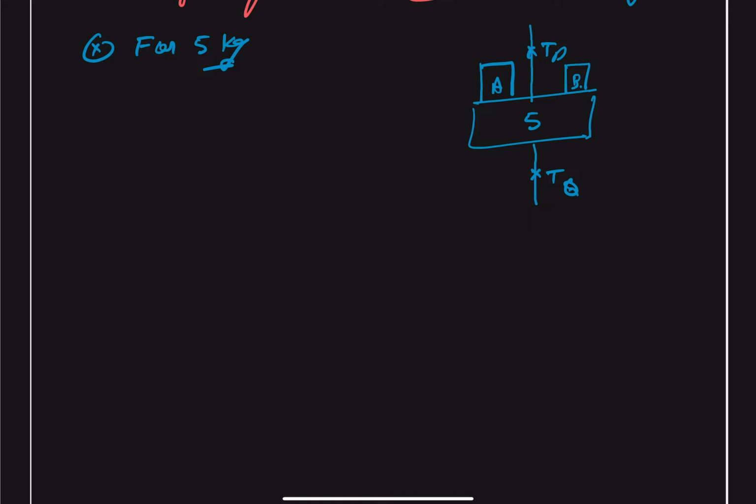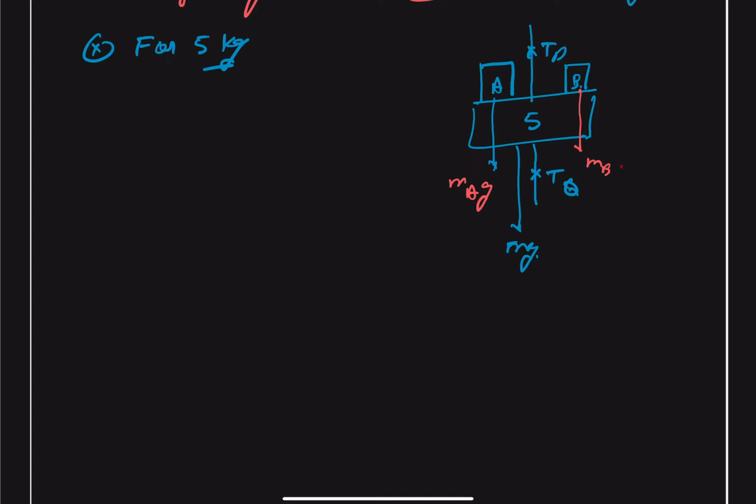So for 5 kg, now there will be additional forces acting in the downward direction. One will be this of 5 kg. In the downward direction we are going to have this mg, and because of A, also in the downward direction, we call that mag, and because of B we are going to have mbg.